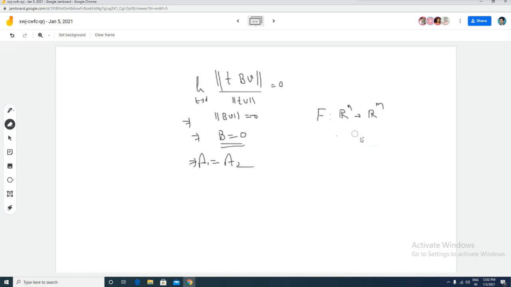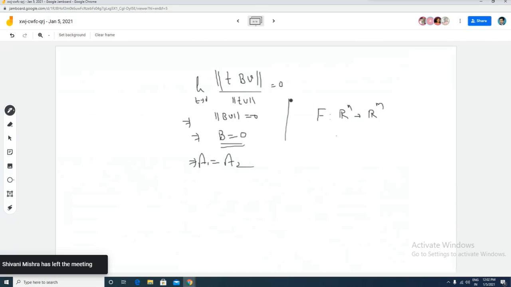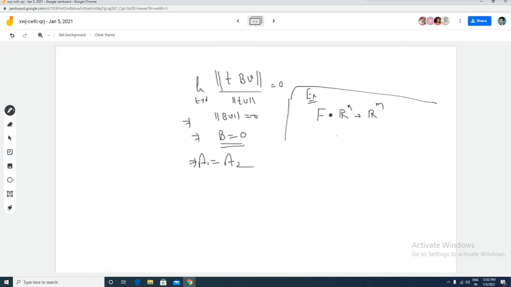Maybe you can try it yourself; this is a simple but very nice exercise: show that if f is a linear transformation from Rn to Rm, its derivative at any point x of Rn is f itself. Show that f dash x is equal to f itself.